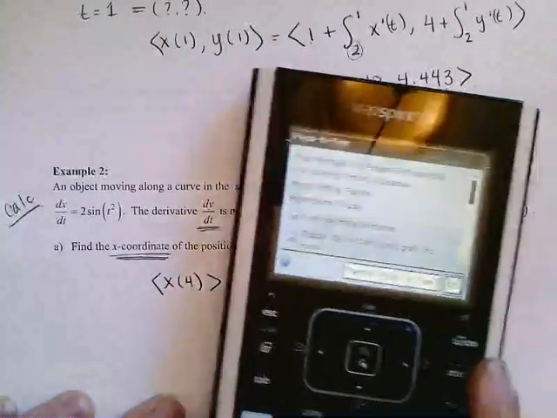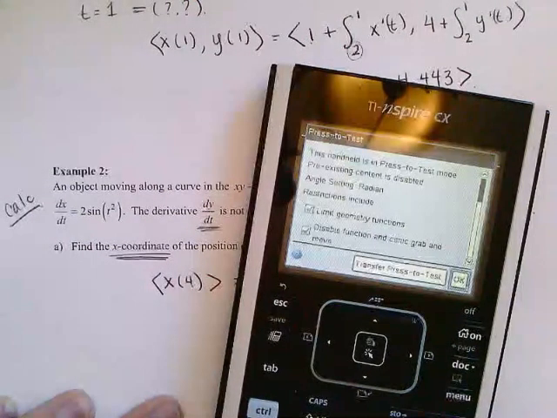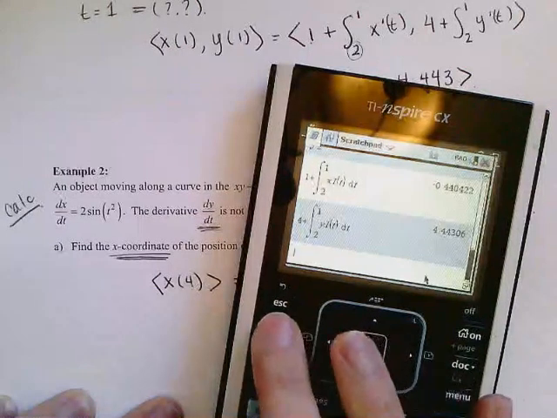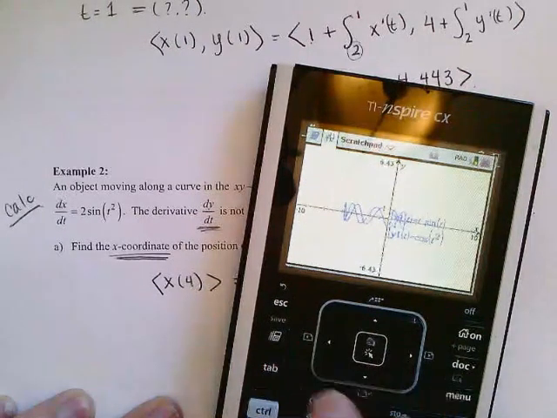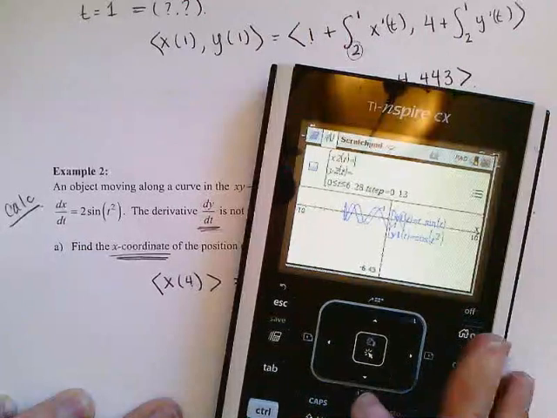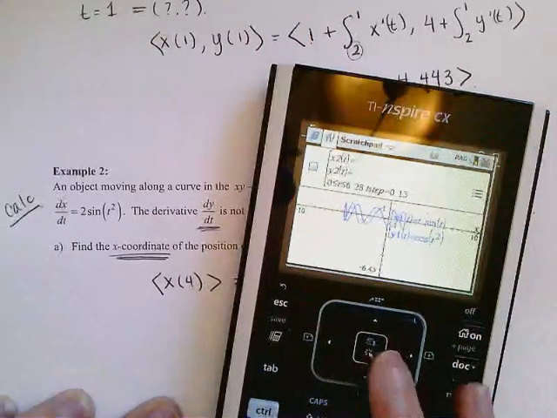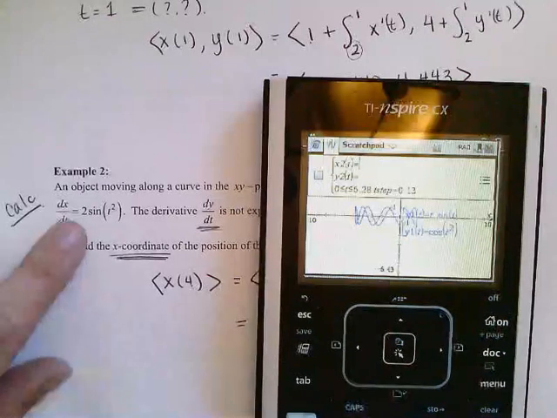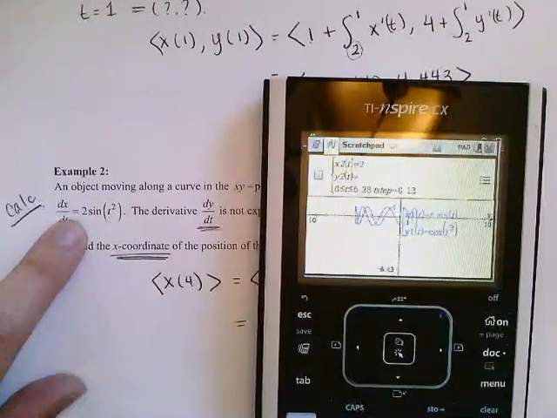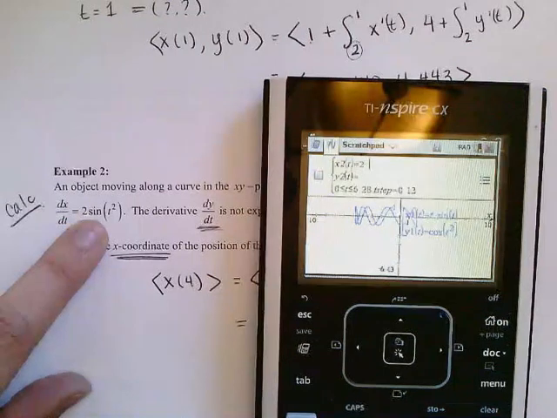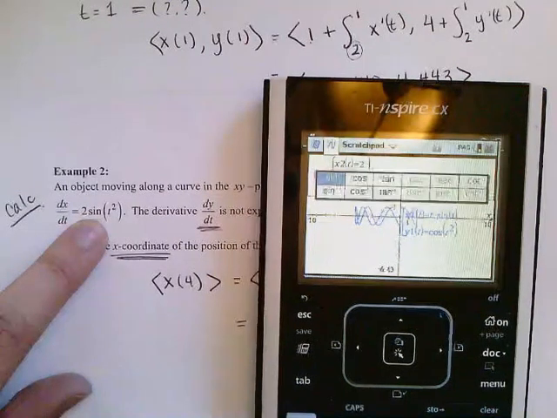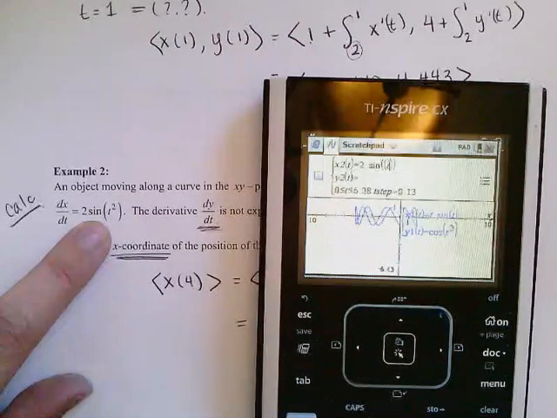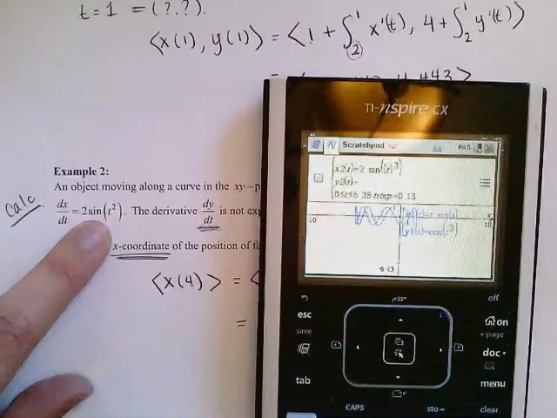It's the same exact thing, but now we have to go back and delete our other function, or I can plug it into x2 here, because I don't care about the graph. So I'm going to plug in x2 as 2 times sine of t squared.